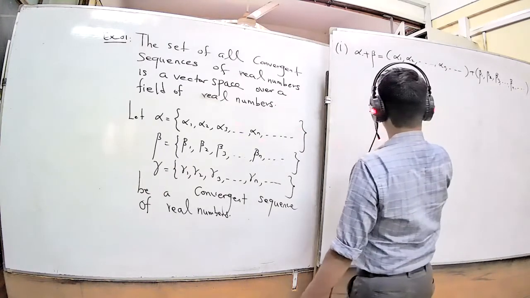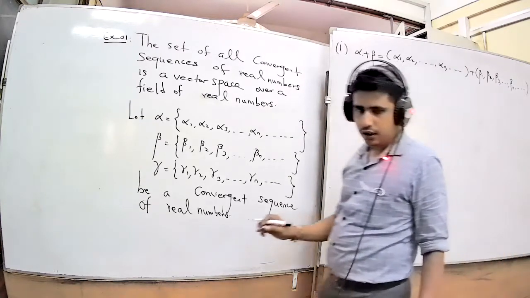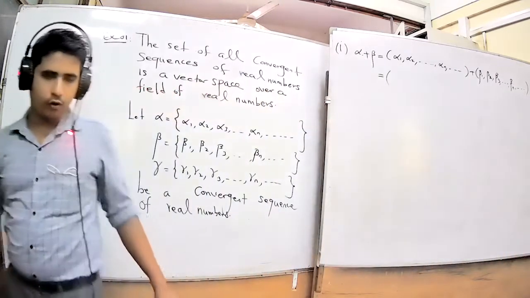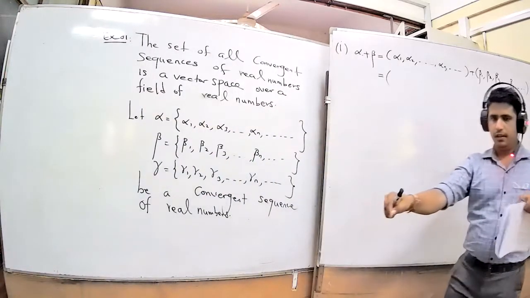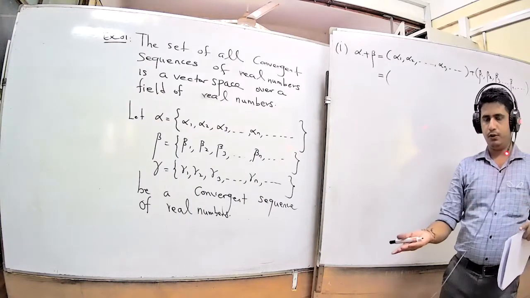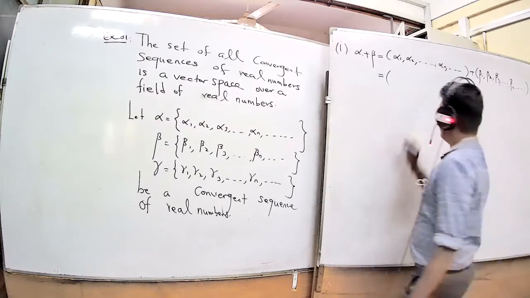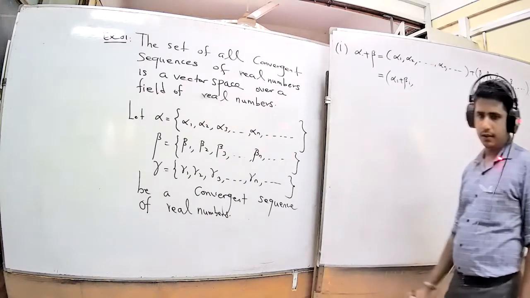Here I already mentioned we can use the usual addition, coordinate wise. Suppose alpha 1 is a convergent sequence and beta 1 is a convergent sequence, then alpha 1 plus beta 1 is also a convergent sequence.